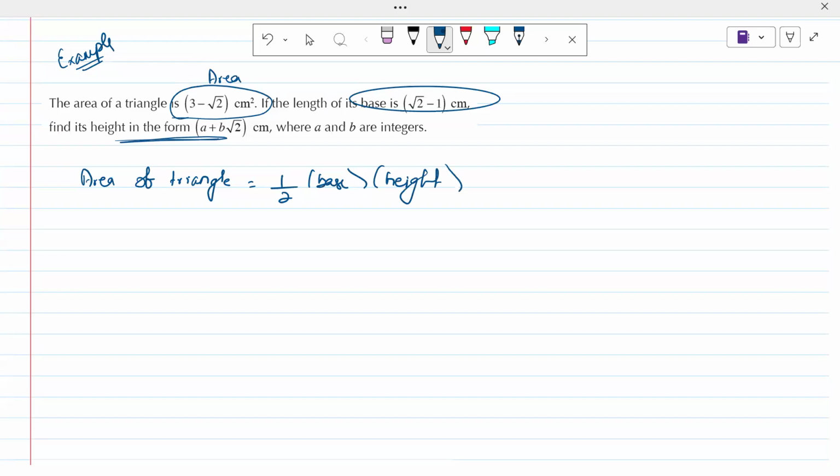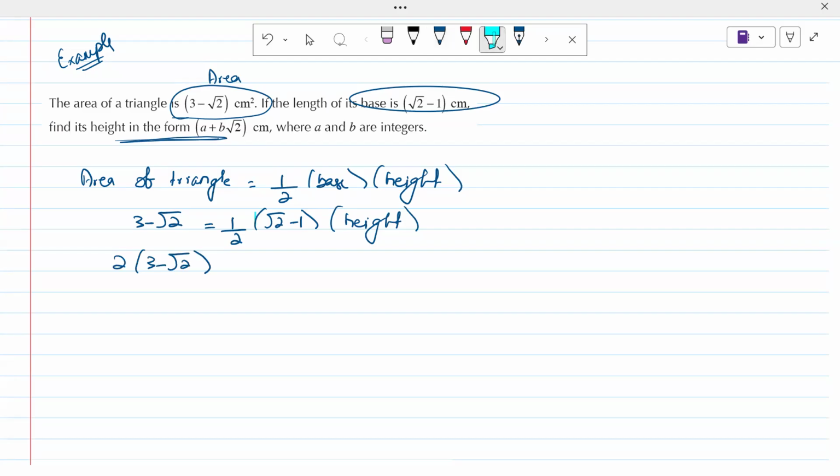Area is given here, which is 3 minus under root 2, equals half. Base is also given, which is under root 2 minus 1. And we are supposed to find height. Following the basics of fractions and algebra, to find height, we have to move all the terms and all the numbers to the other side. So 2, when moved to the other side, would go into multiplication, making it 2 into 3 minus under root 2.